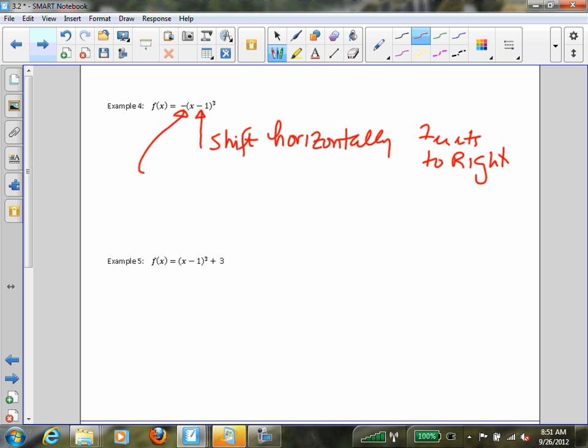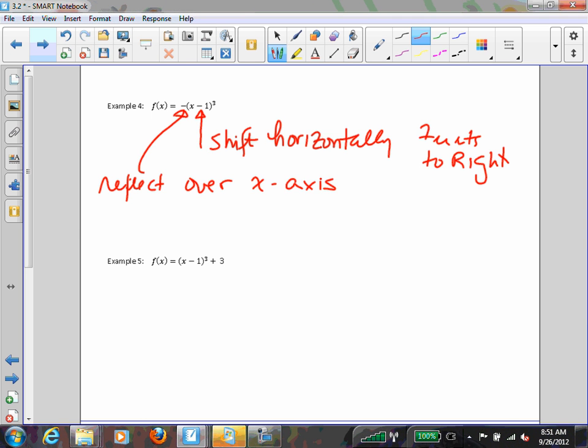So really, if it's affecting the y, it's the x-axis that you're reflecting over. If it's changing your x, it's reflecting over the y-axis. Okay? So this is a reflection over the x-axis. And I'll show you in a second.